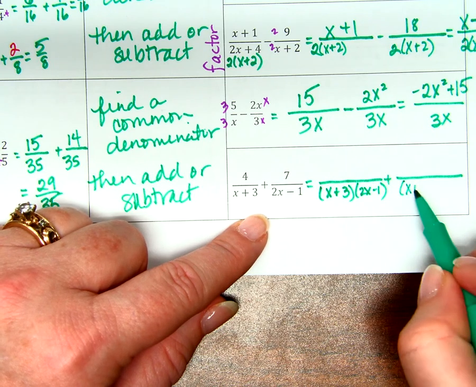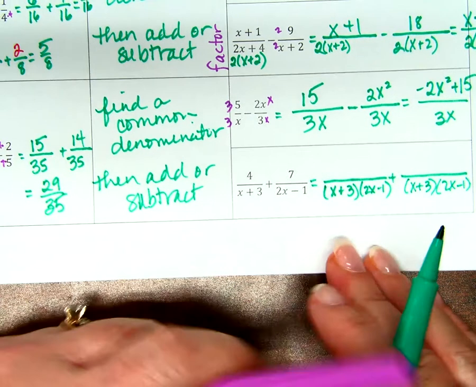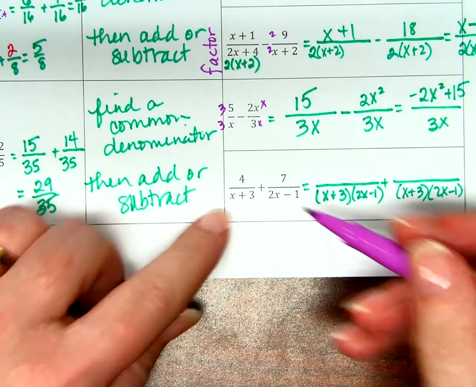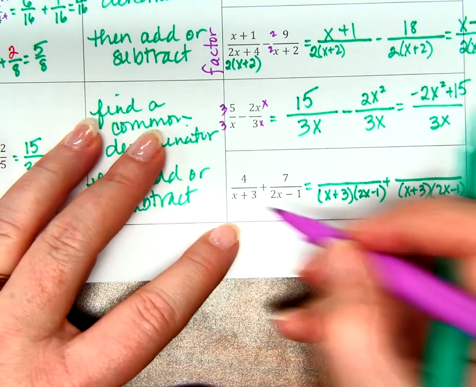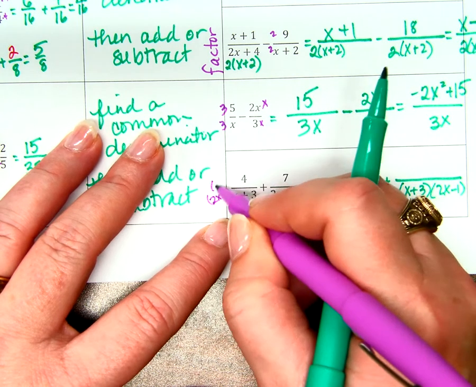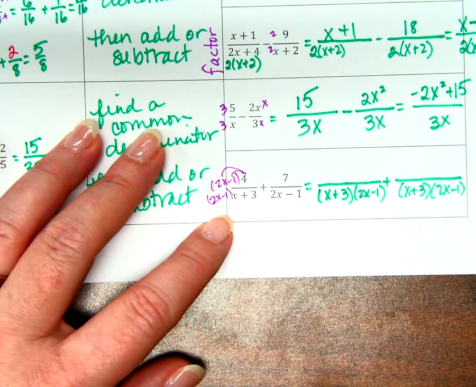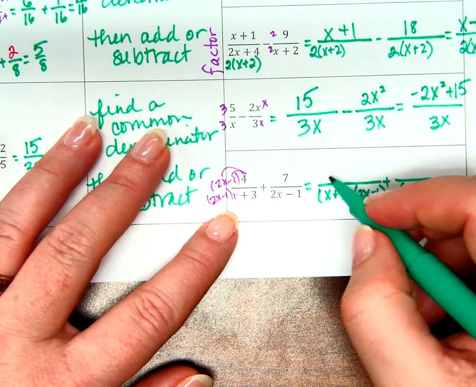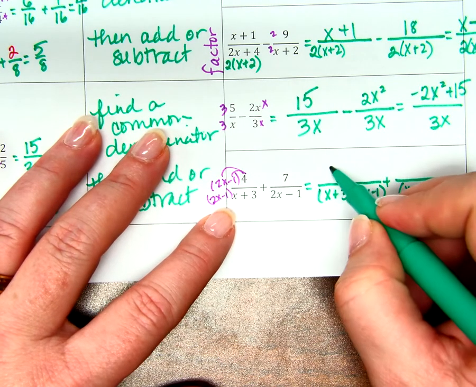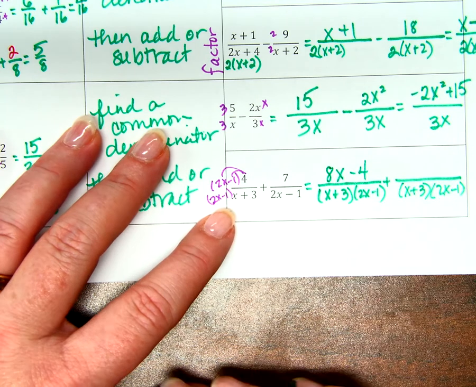Okay, x plus 3, 2x minus 1. So what factor does the first fraction need to become the common denominator? 2x minus 1, so I multiply that by the denominator and the numerator. So what does the numerator become for the first fraction? 8x minus 4.